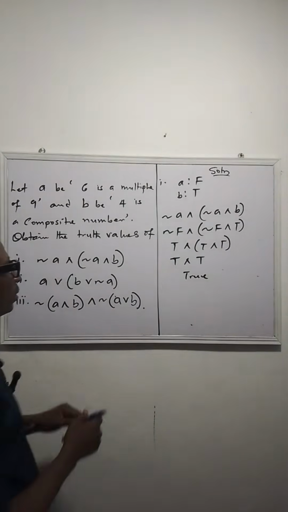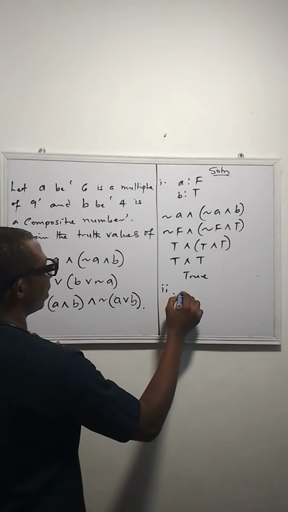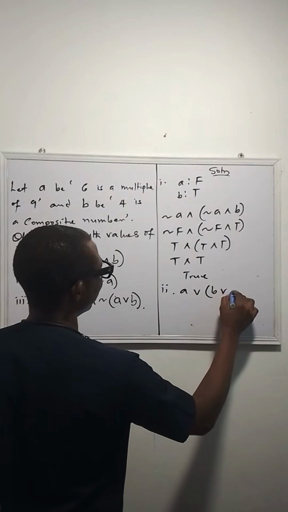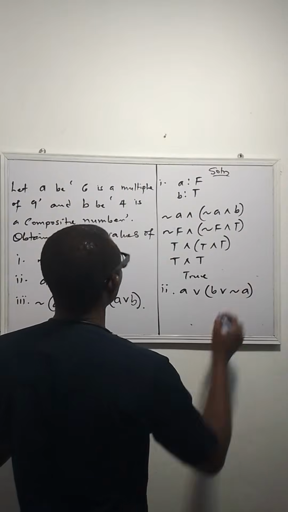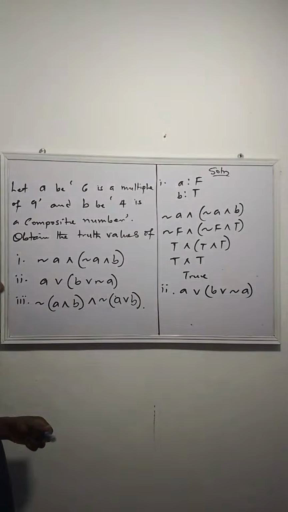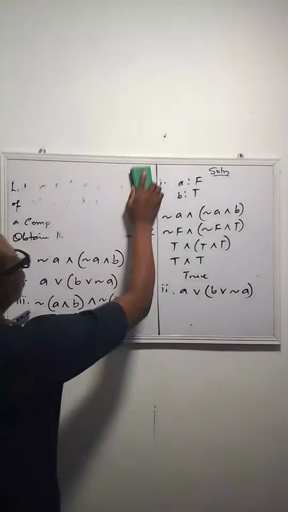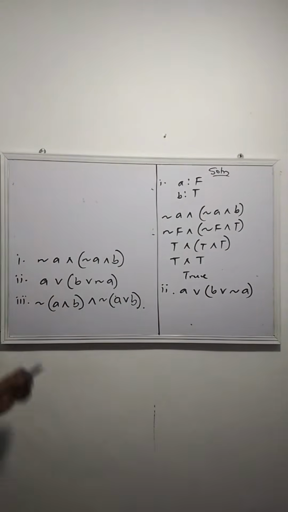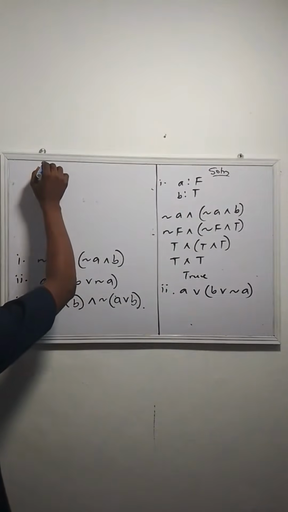Now the second one, we have A or B or negation of A. Now let me write the table. Let me draw the table here for you so that it will serve as a guide.